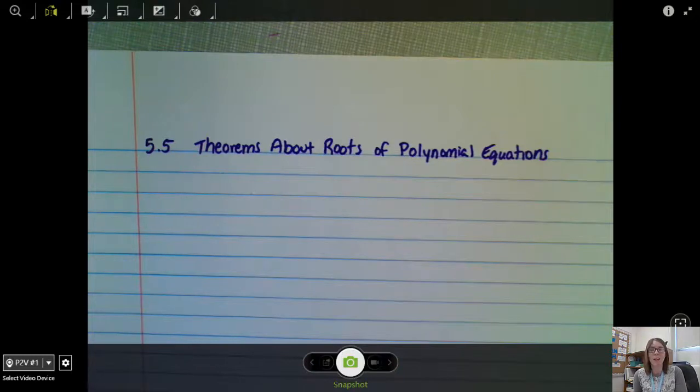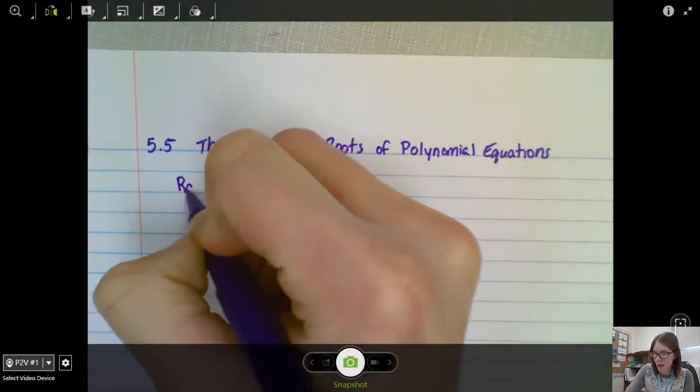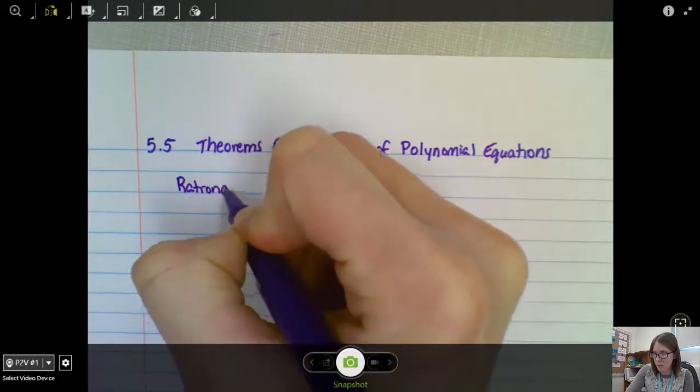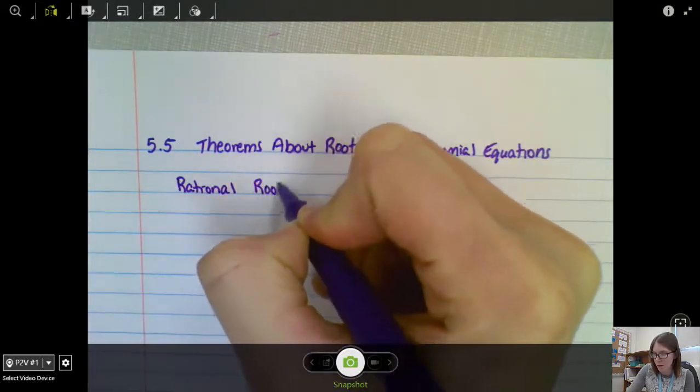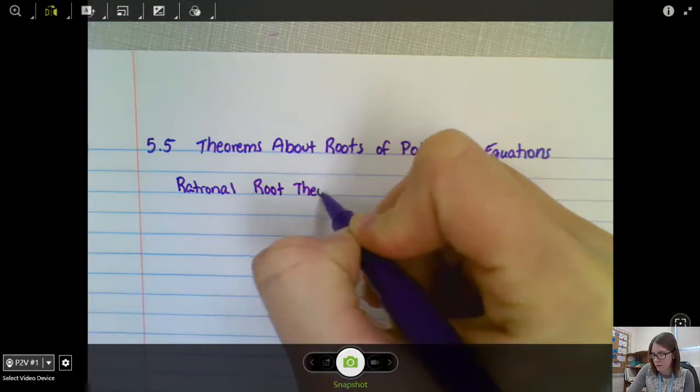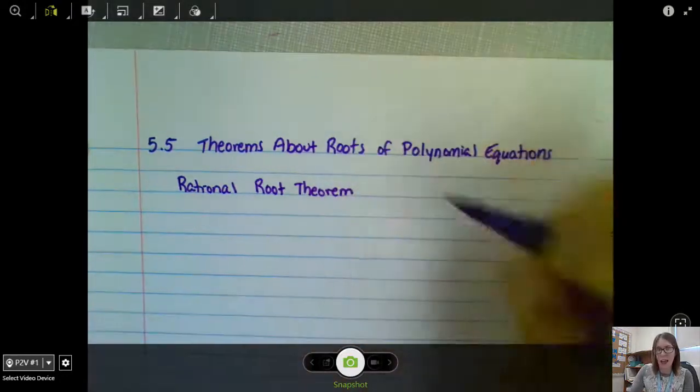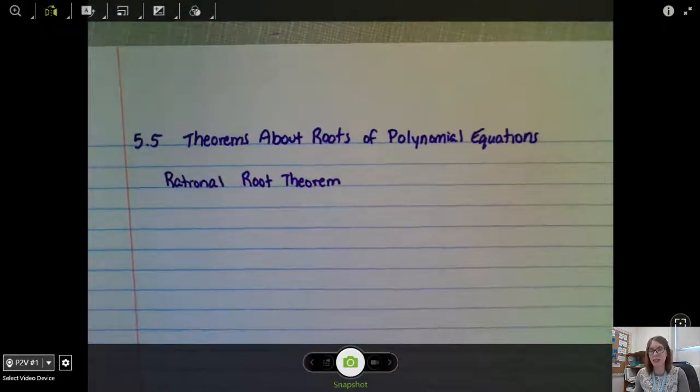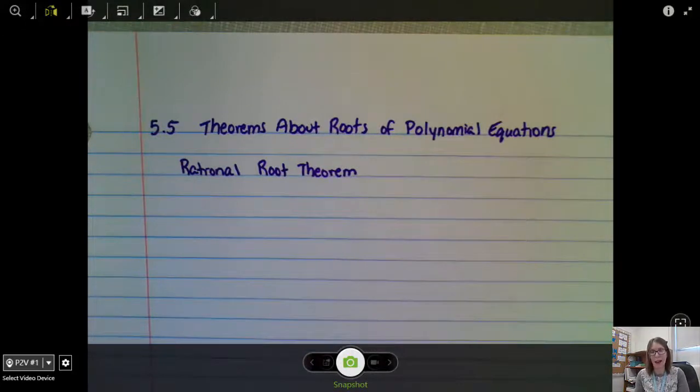But there's an infinite number of possibilities, and maybe none of them would even work. Maybe your equation just has imaginary solutions. We don't necessarily know. Something called the rational root theorem narrows down our possibilities, so that instead of having an infinite number of possibilities that we would have to guess and check, we have a specific number.